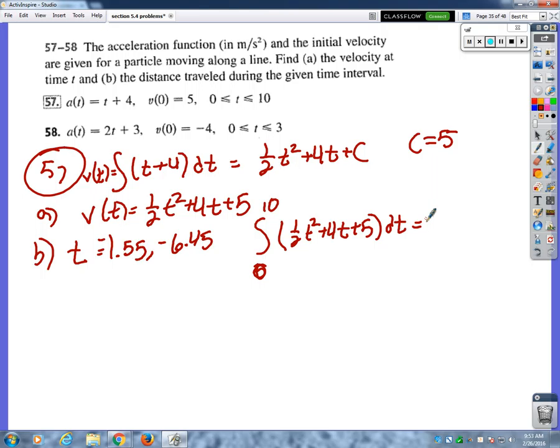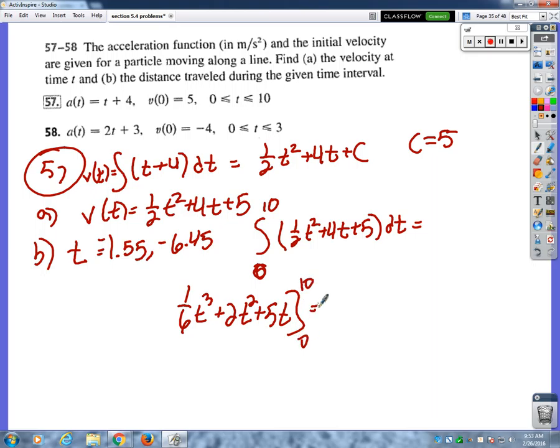Right. Okay, so then you plug in 10. Oh, no, we have to find the antiderivative first. We didn't even find the antiderivative. No, we found the antiderivative of acceleration to get us the velocity, but we are trying to find the distance traveled, so that's the antiderivative of the velocity. Okay, so this is going to be 1/6 t cubed plus 2t squared plus 5t from 0 to 10.